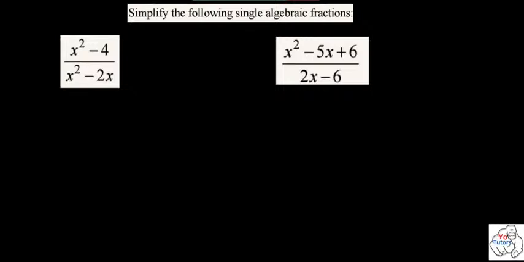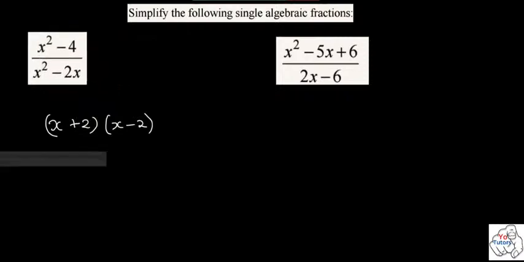Okay, so here let's see what we have on top. Here is difference of two squares. So it's going to be x plus 2, x minus 2. Let me just indicate to some of you who don't remember difference of two squares.